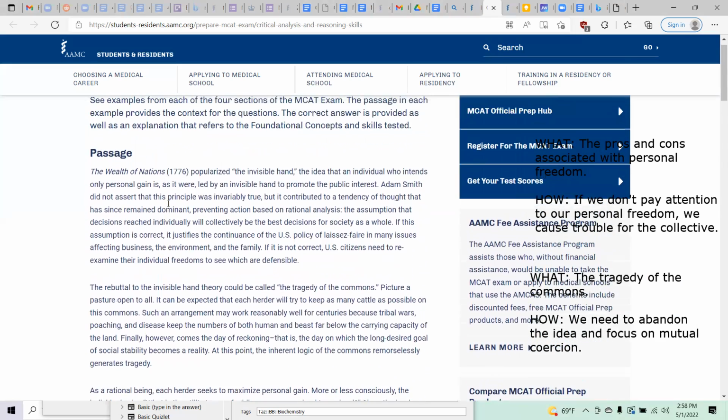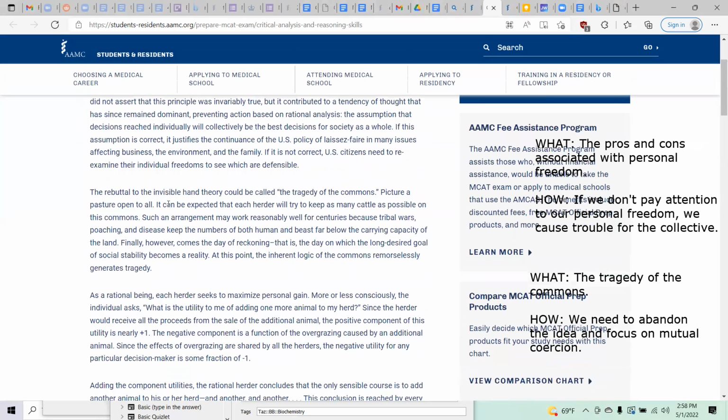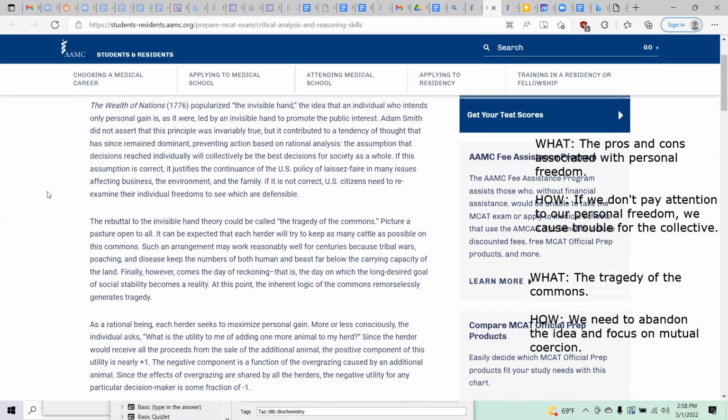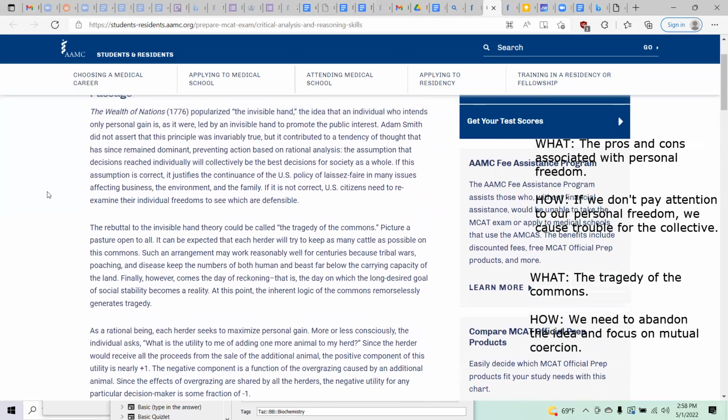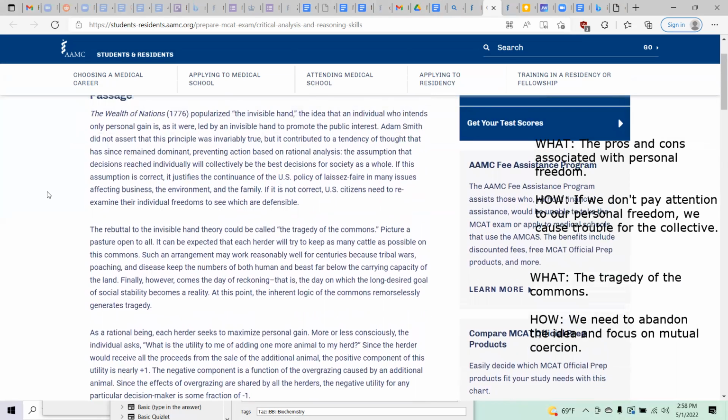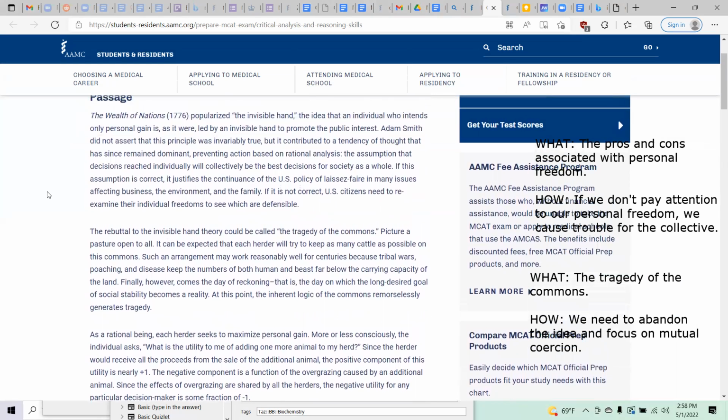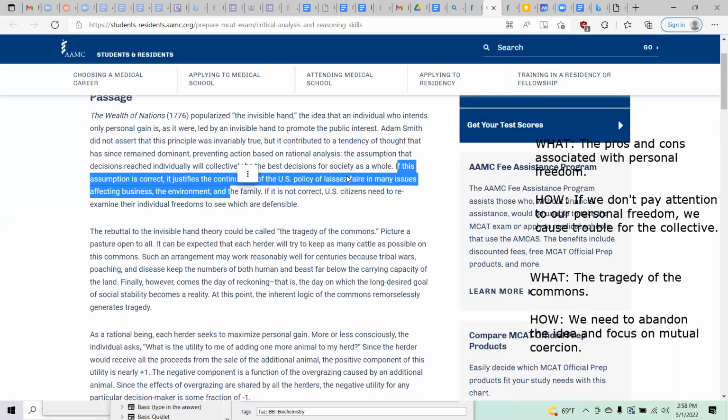I agree. There's also something else here that is maybe a jump, but no, it's not a jump actually, because here he says, if this assumption is correct, it justifies the continuance of the U.S. policy of laissez-faire in many issues affecting business.